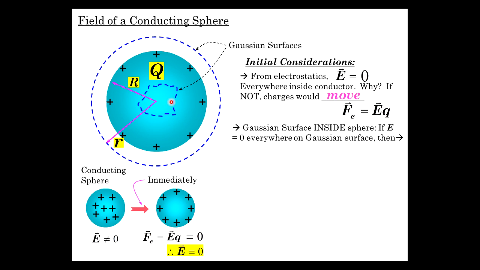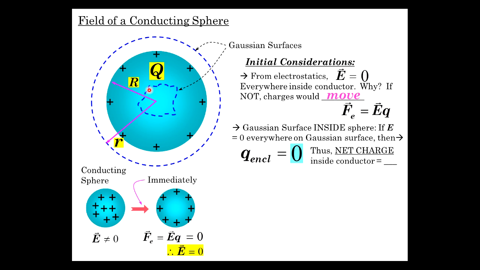So the Gaussian surface inside the conductor is of concern at this very moment. The electric field is 0 everywhere on the Gaussian surface, and it is, because if the E field is not equal to 0, then it moves the charges around, and that takes work and a change of energy, and it all goes through its paces very quickly until there's no electric field. The consequence of that is that Q enclosed is equal to 0.